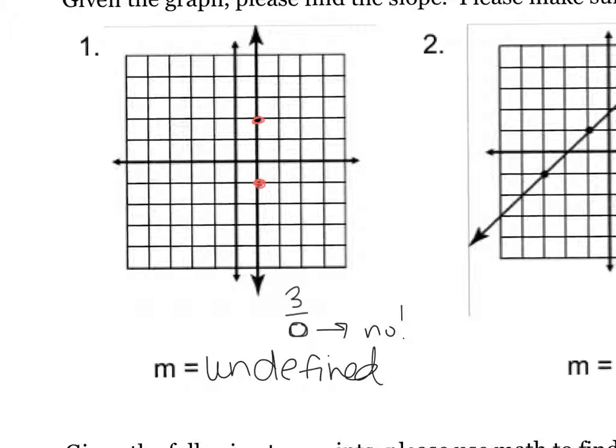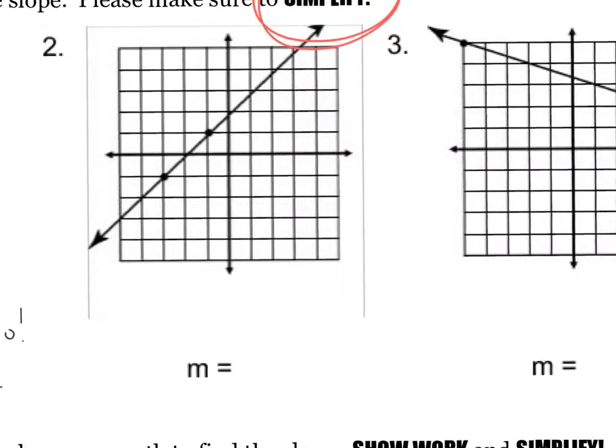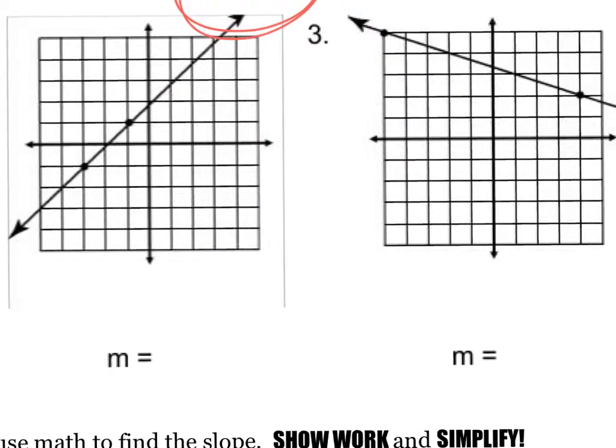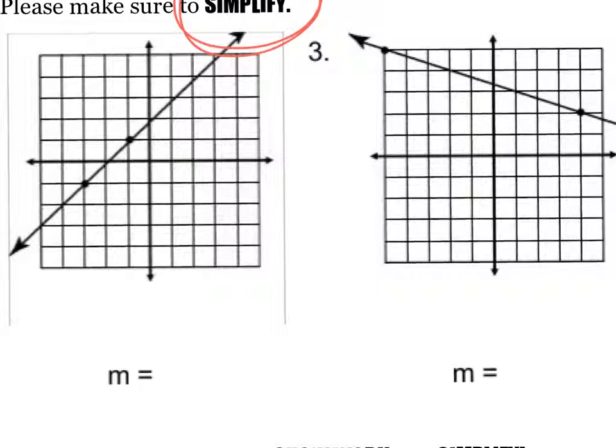Now, if you take a look at your other two questions, if you read number 2 from left to right, your slope is going to be what? And if you look at number 3 from left to right, your slope is going to be what?